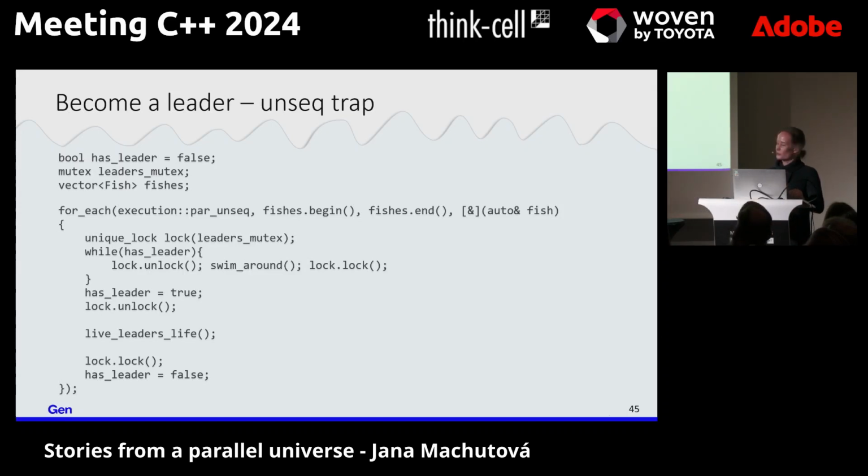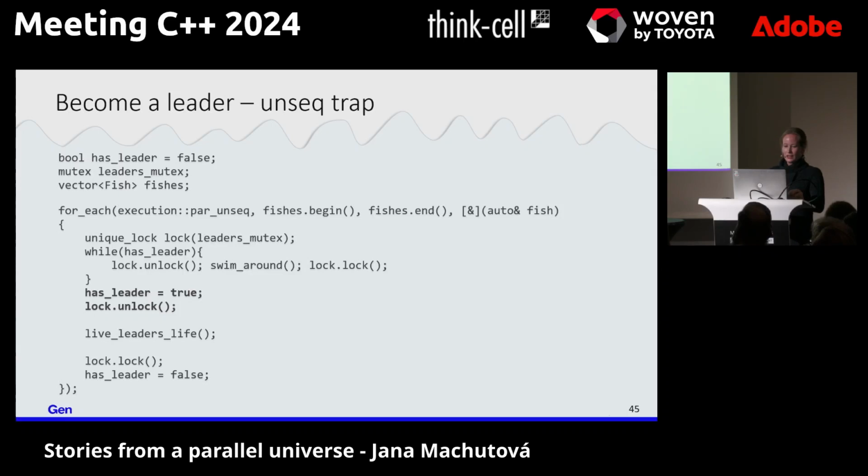So I wanted to show you also the trap, which is the unseq policy. Here we have a group of fish, and only one of them may be a leader. Everyone wants to be a leader. So what they do, because we already know we need to lock, they try to lock the access, see if they can take the leadership, and if not, they unlock it and swim around and try again after some while.